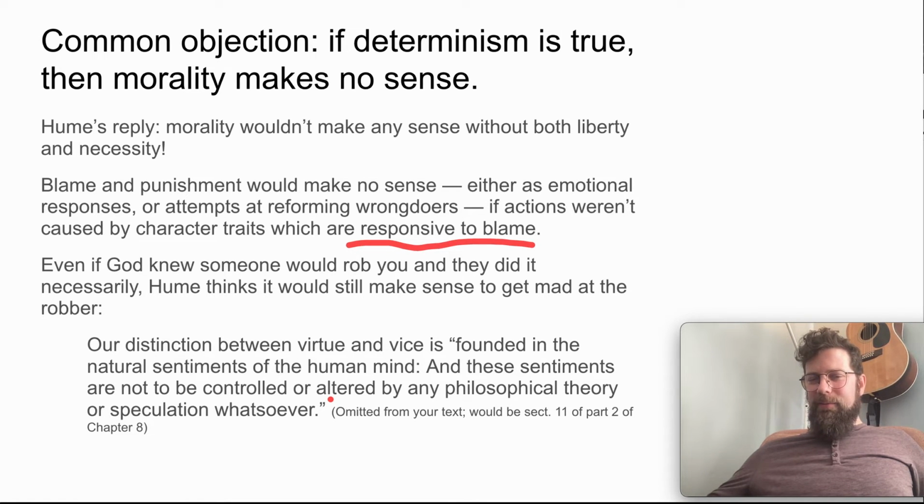Here's a thought. What if a person, let's say not gets robbed, but finds that they have cancer? And you come up to that person and say, well, think about it this way. It's all part of God's plan, and there's no other way that things could have turned out. Do you think that's really going to lessen that person's feelings of upset and frustration about having cancer?